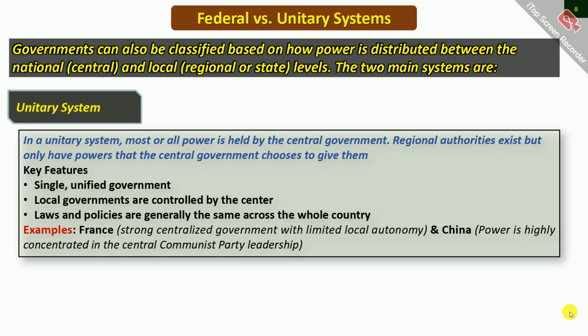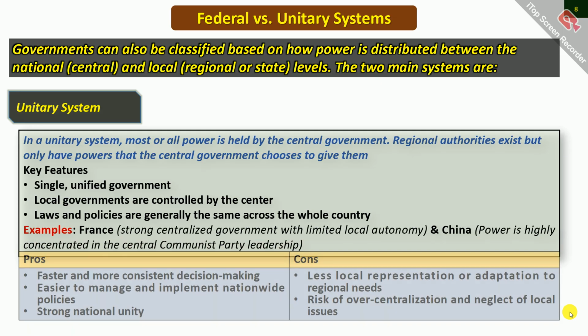Their key features include a single unified government, local governments are controlled by the center, laws and policies are generally the same across the whole country. And examples include France, where there is a strong central government with limited local autonomy, and China, where power is highly concentrated in the Central Communist Party leadership.